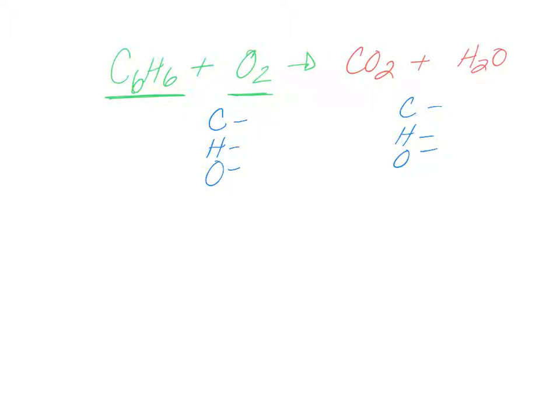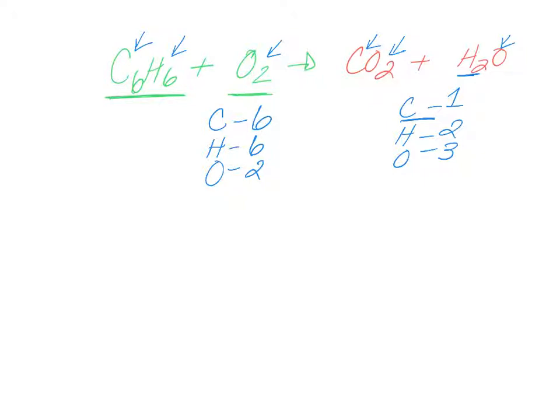So on the reactant side, I see 6 carbons, 6 hydrogens, and 2 oxygens. On this side, I see 1 carbon, 2 hydrogens, and 2 oxygens here and 1 more here, so that makes 3 oxygens.